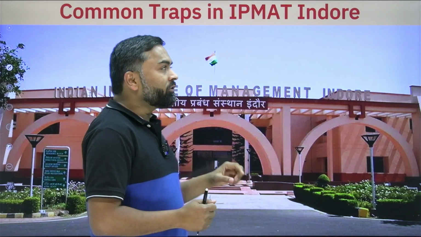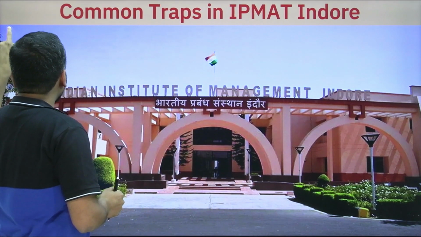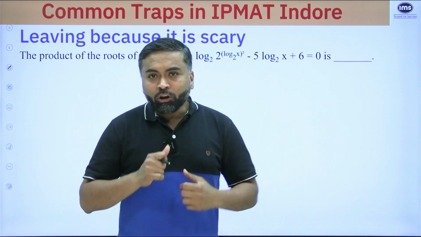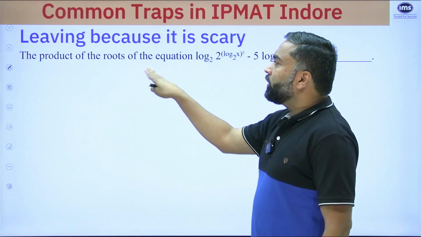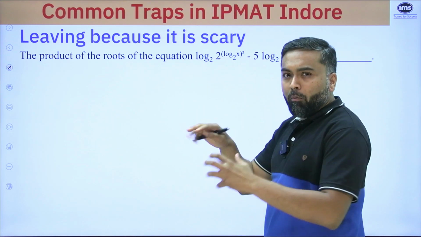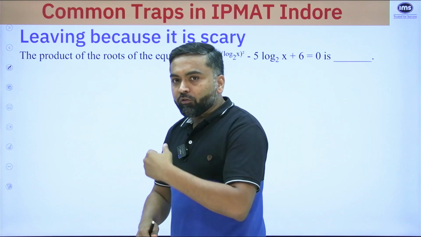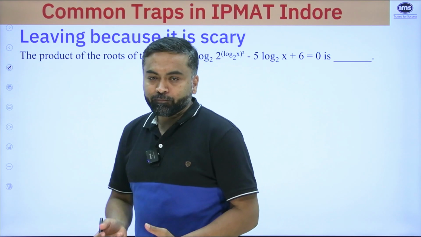Let's look at some of the traps that we come across every year in the exam. Now this particular question, the product of the roots of the equation, most students will leave in the first go because it looks scary.